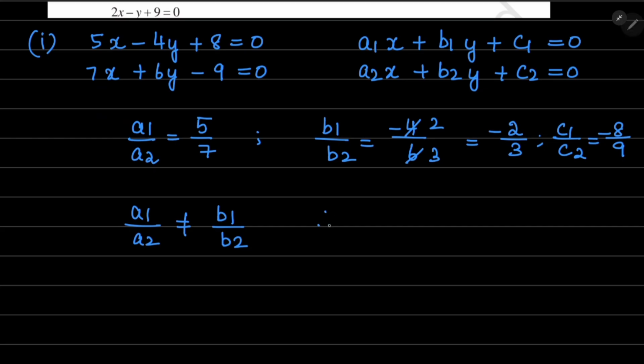So you can write, since a1 by a2 is not equal to b1 by b2, therefore the lines representing this particular pair of linear equations intersect at a point. This is what you will conclude whenever you have a1 by a2 not equal to b1 by b2.